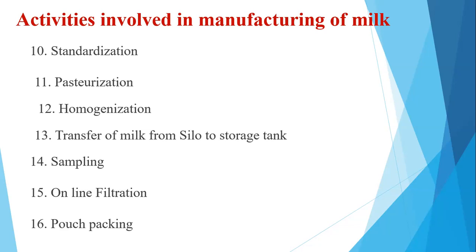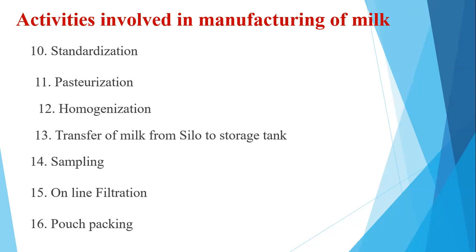And then homogenization. Now if you are storing milk over a period of time, gradually with time the fat globules start accumulating. So you can see the layer of cream that gets accumulated on the milk in the container that you are storing it in.